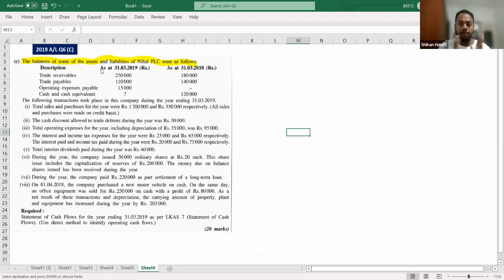They have not given the full question, they have given a part. Right, the requirement: statement of cash flows using the direct method to identify the operating cash flow. So we have to do the direct method.